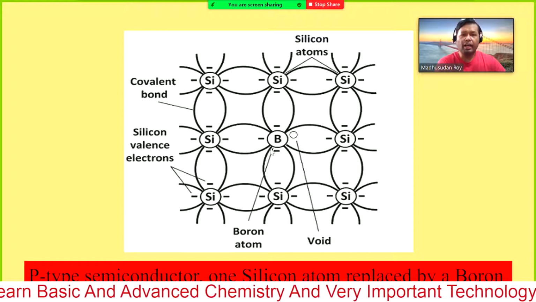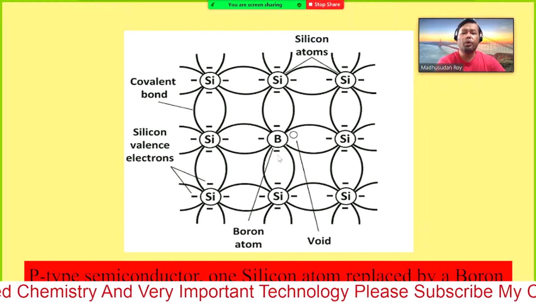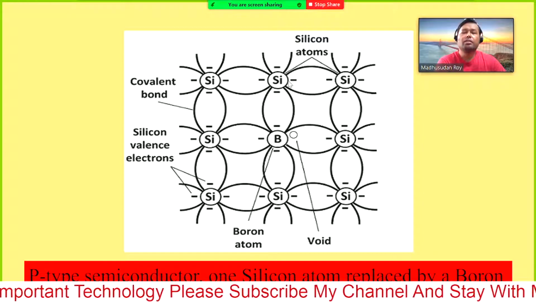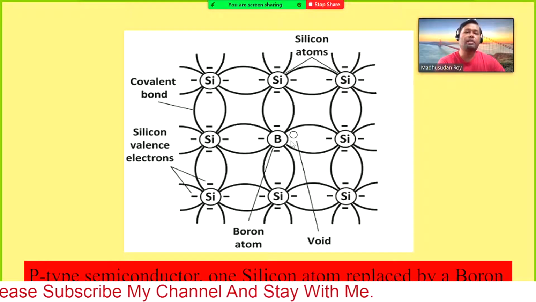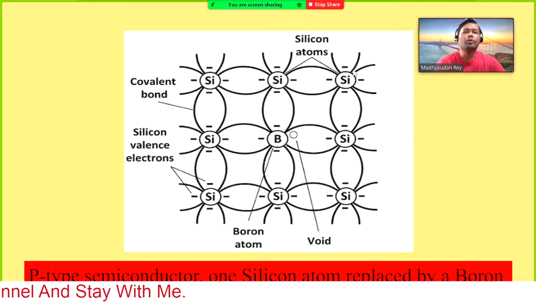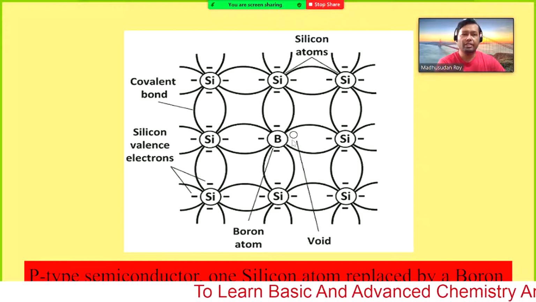So boron forms 3 bonds with the nearby 3 silicons, and it has one empty space where we can add 1 electron from the outside, which is considered a hole.